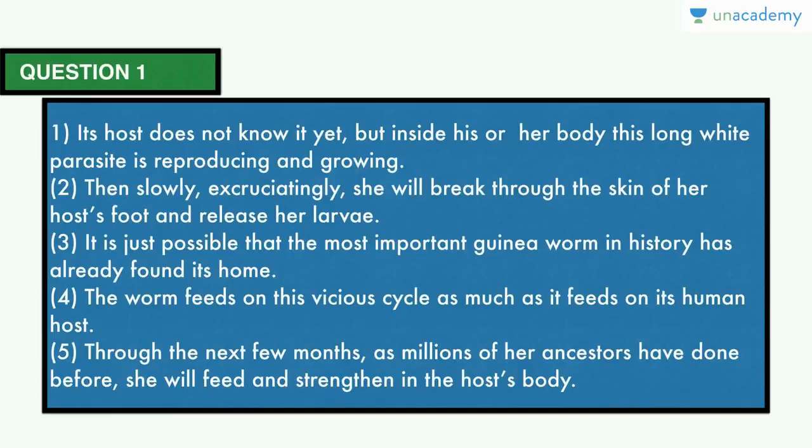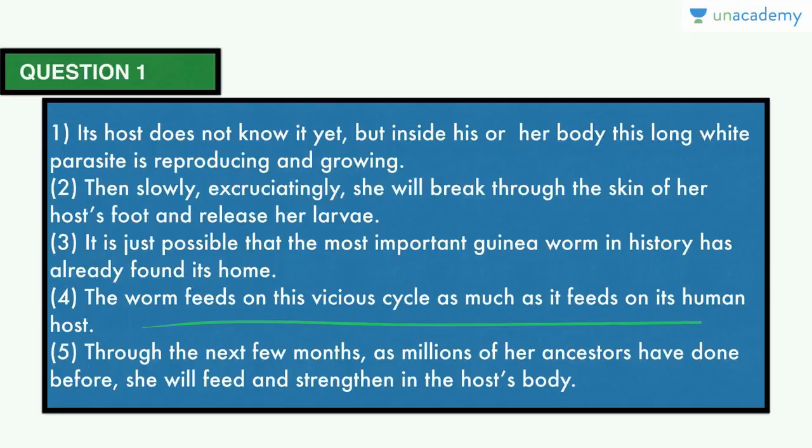Its host does not know it yet, but inside his or her body, this long white parasite is reproducing and growing. Then, slowly, excruciatingly, she will break through the skin of her host's foot and release her larvae. It is just possible that the most important guinea worm in history has already found its home. Okay, so we're talking about guinea worm in these sentences.